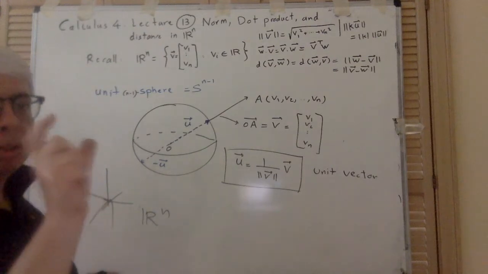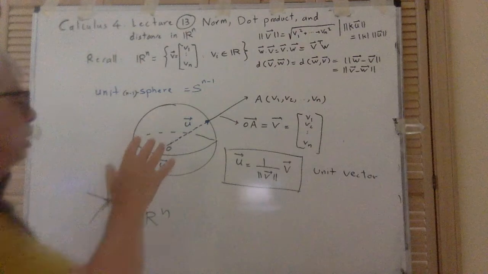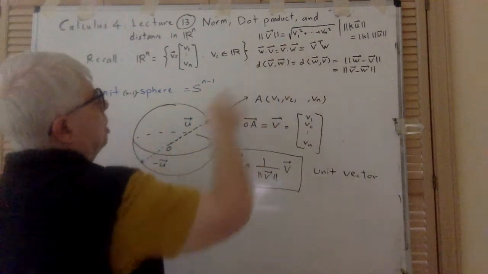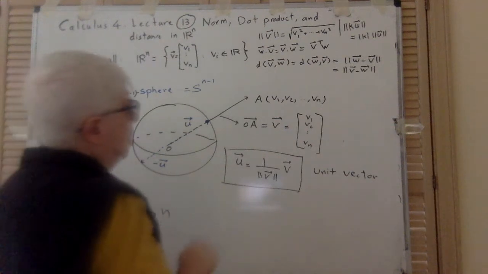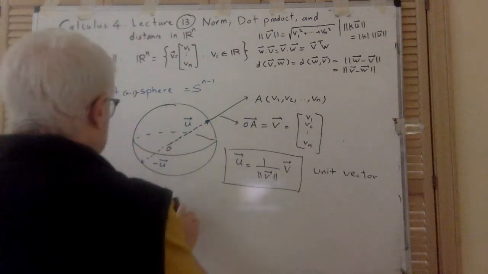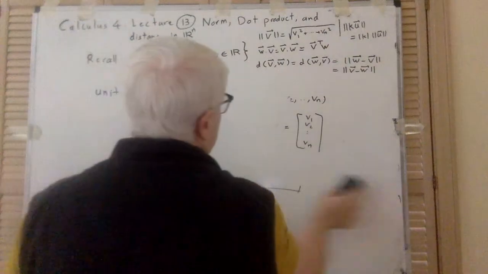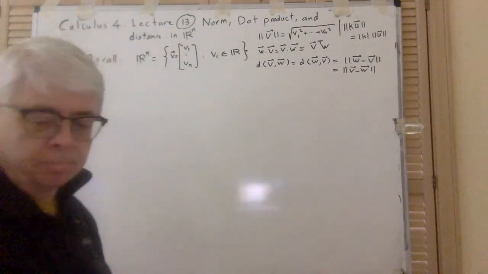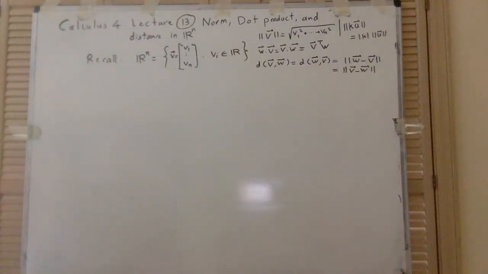So that is the base. So a unit vector gives me a base for measuring something in this direction. Okay, so you will see how this thing works. So let me erase this thing.